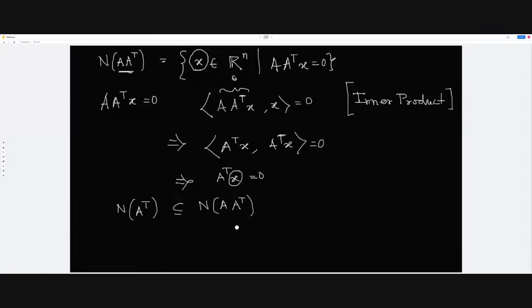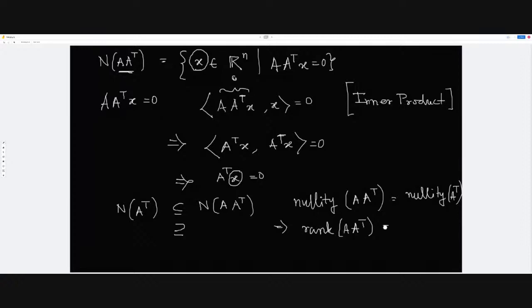That gives the reverse inclusion as well, so the nullity of A A transpose is the same as the nullity of A transpose. This implies the rank of A A transpose is equal to the rank of A transpose, which in turn implies the rank of A. This is the very basic rank-nullity theorem that we have used here.